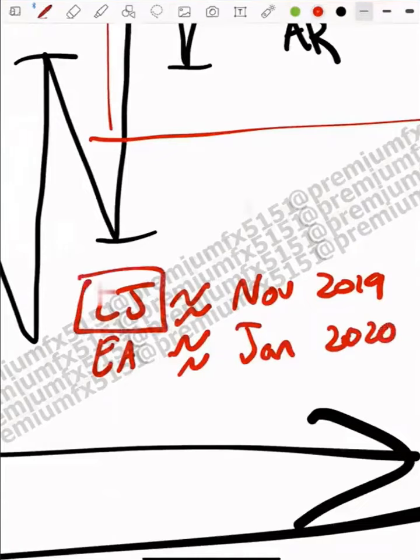These two trades I gave as signals on my public Telegram, or not even signals. I was tracking it live, and I was like, okay, it looked like a very clean distribution on CAD JPY around November time. You'll be able to find it. Just type in CAD JPY or CJ in the search bar, and you'll see all the examples around November time. And Euro AUD around January time this year, just search Euro AUD or EA in the search bar.